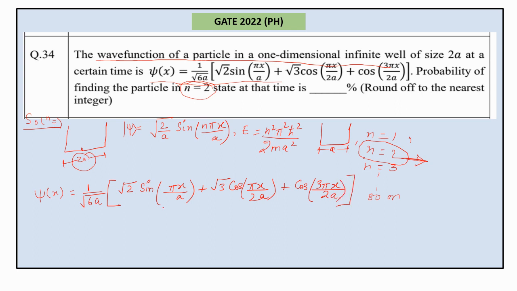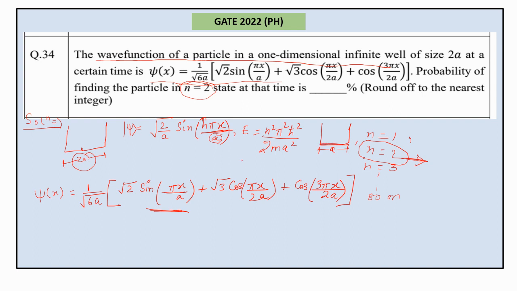First of all, see that here it is n pi x by a. So n will define the state and a will define the dimension of the well.